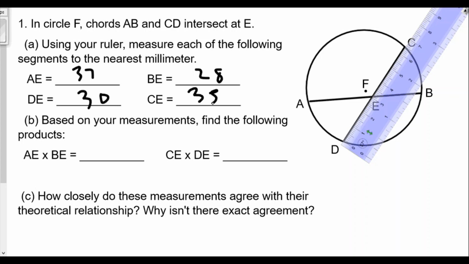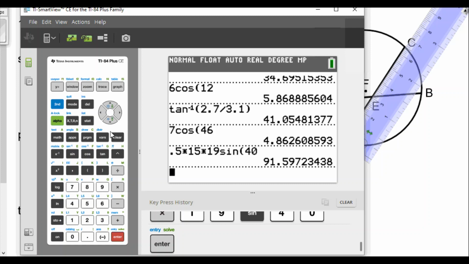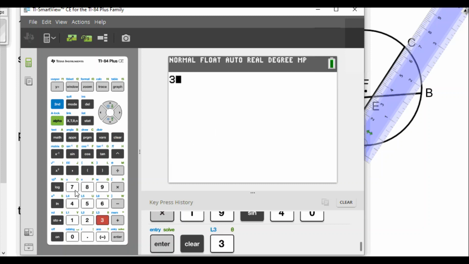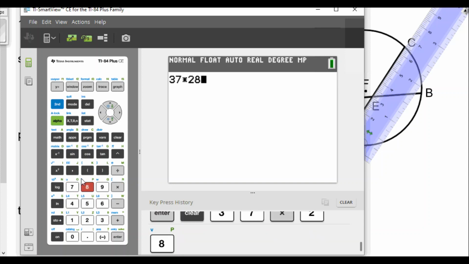Based on these measurements, let's find AE times BE. We're going to do 37 times 28, and we get 1036.